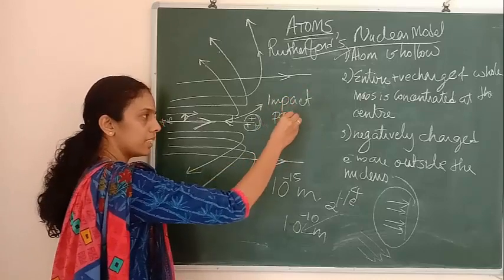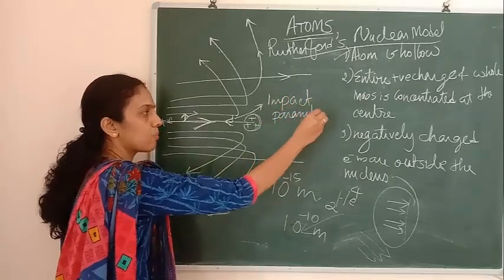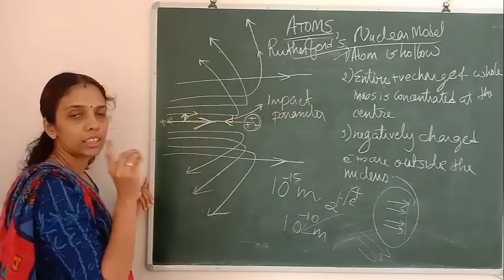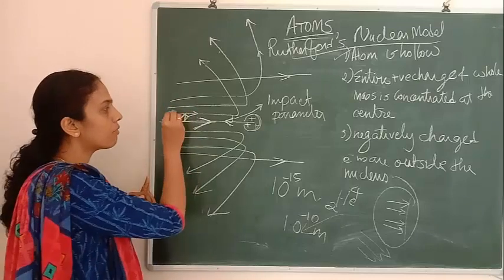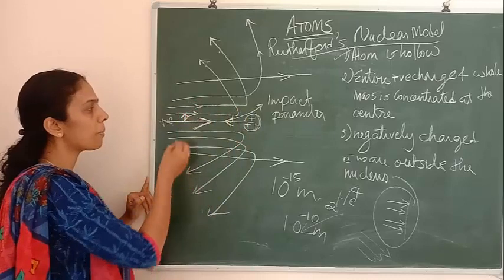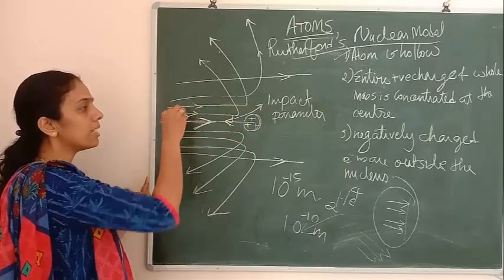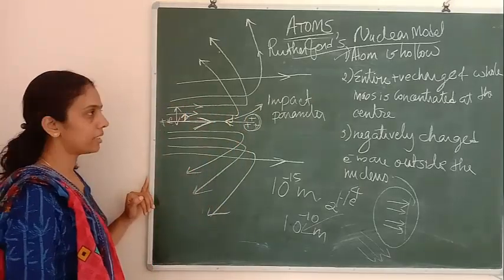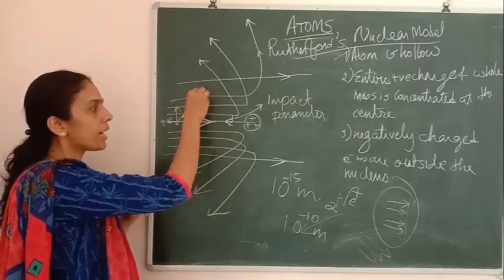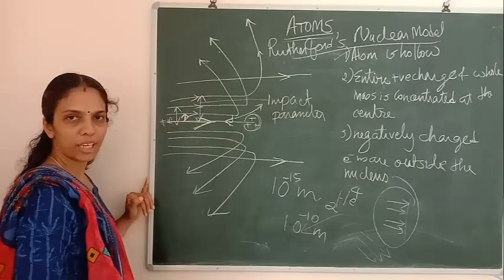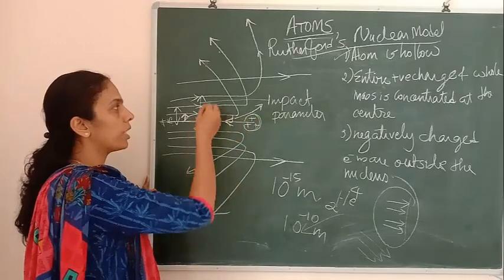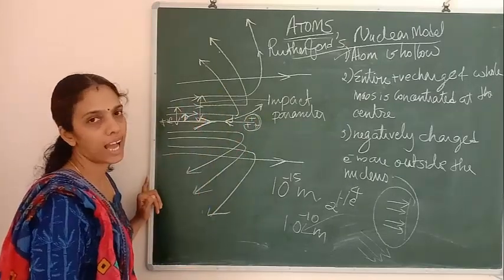Impact parameter is the perpendicular distance between the center of the nucleus and the velocity vector of the alpha particle. So alpha particles are coming and incident like that, and this will be the impact parameter.